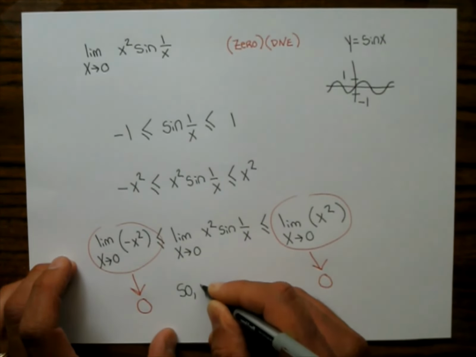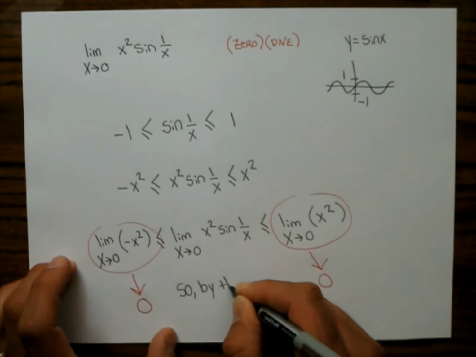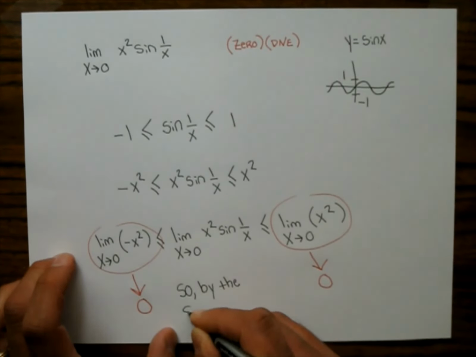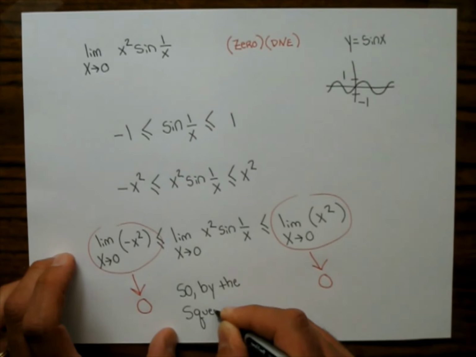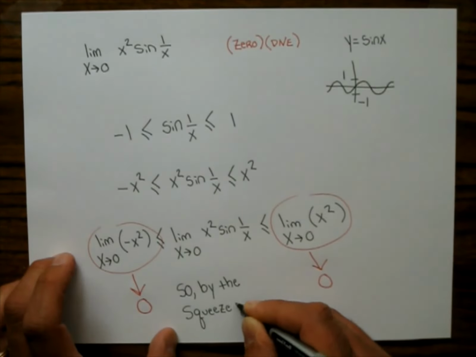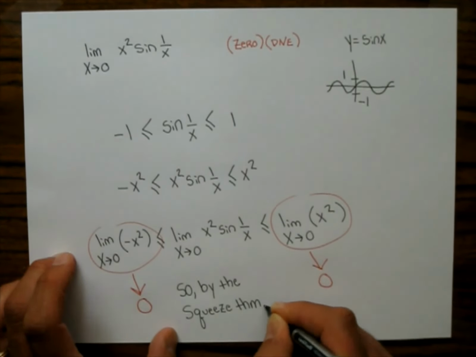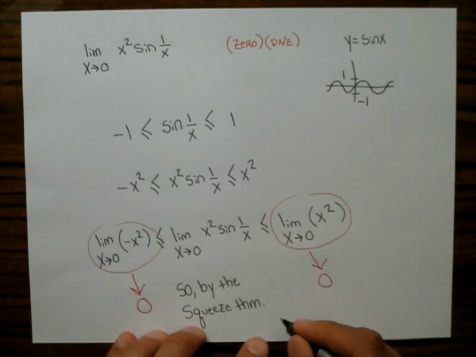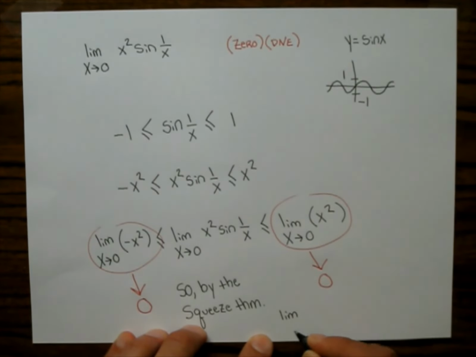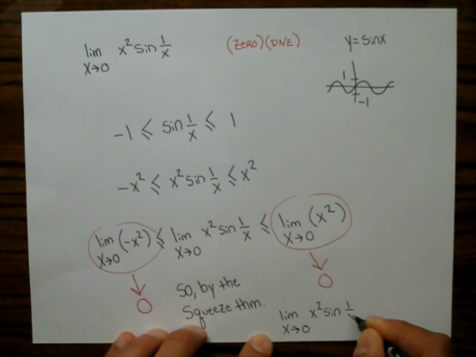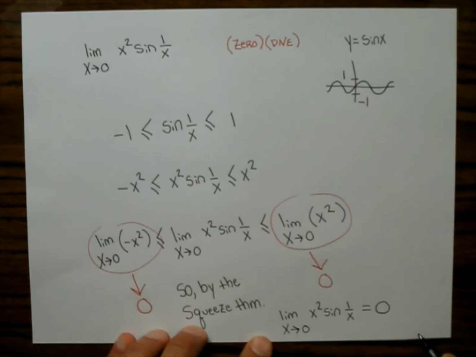So by the squeeze theorem, we can see that the limit as x approaches 0 of x squared sine 1 over x has to equal 0.